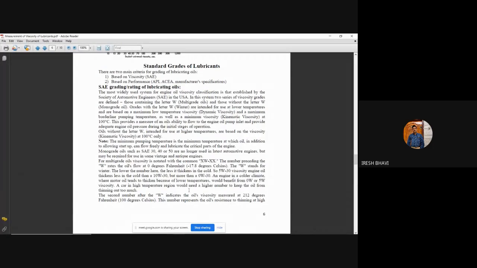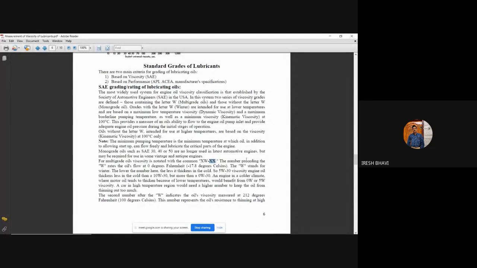See here, the first number before W indicates the winter rating for that lubricating oil. The second number after W indicates the oil viscosity measured at 212 degree Fahrenheit, that is 100 degree Celsius. This number represents the oil resistance to thinning at high temperature. This second number indicates the use of oil at high temperature. At high temperature, you know that the viscosity of oil goes on decreasing.